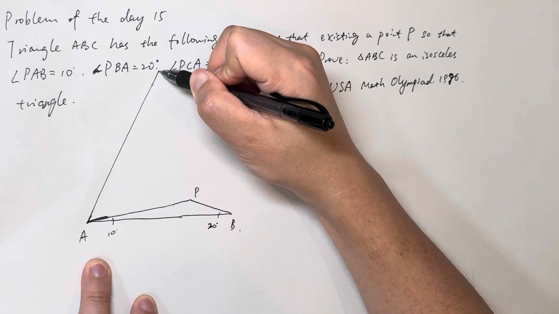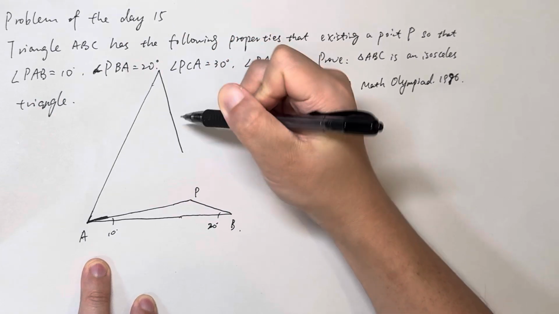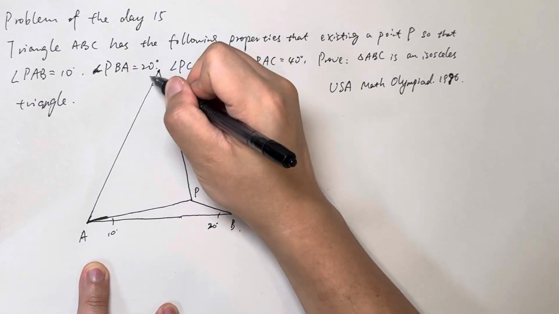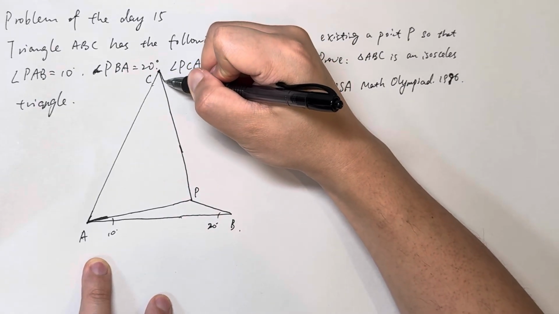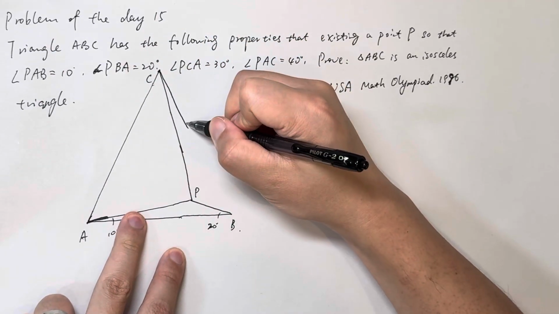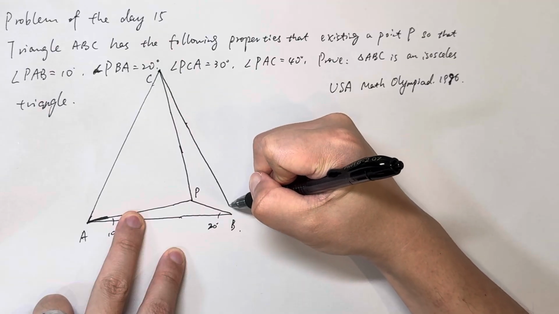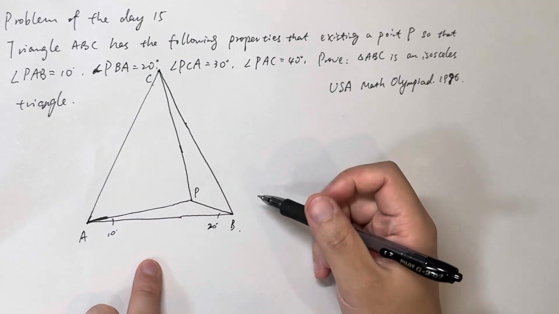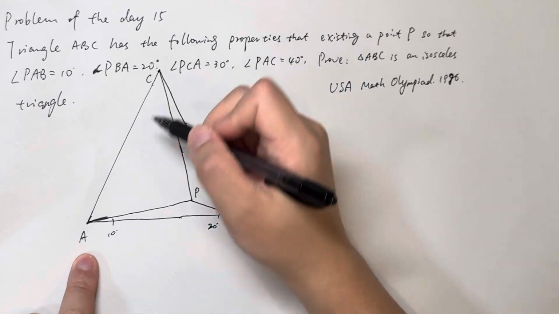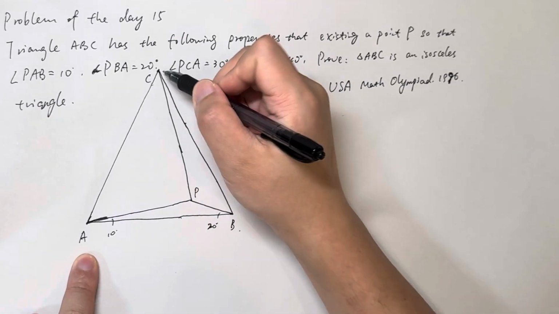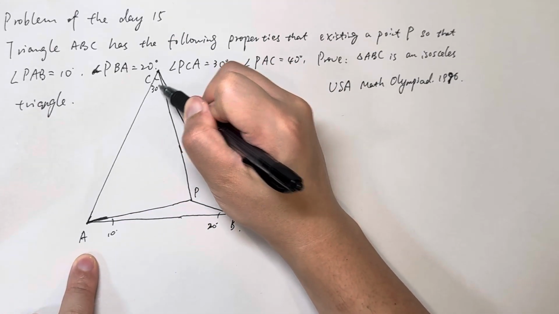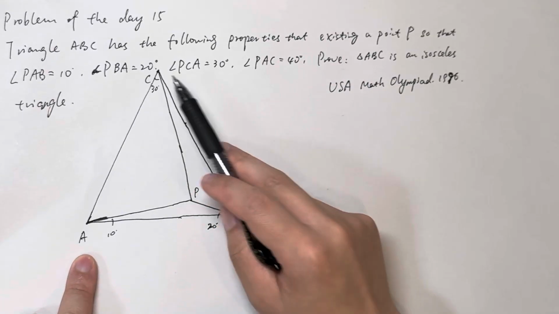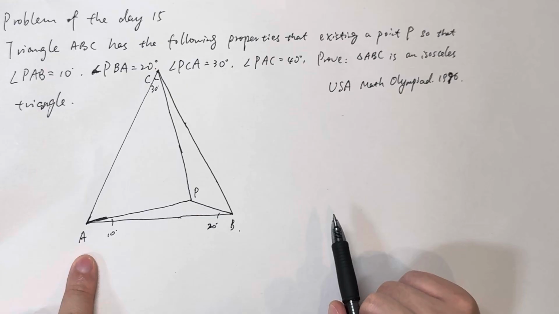So this point is C, and we connect CB, right? I think this problem I solved before, but anyways, let's just do it again here. So this is 40 degrees, this is 30 degrees. Prove that triangle ABC is an isosceles triangle.